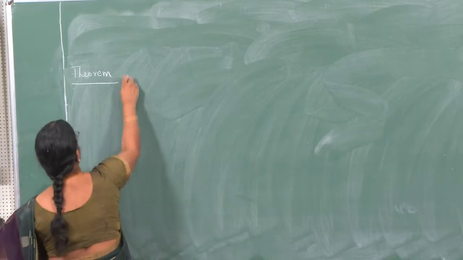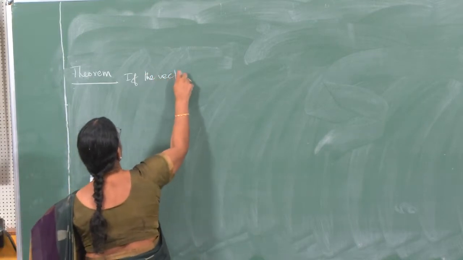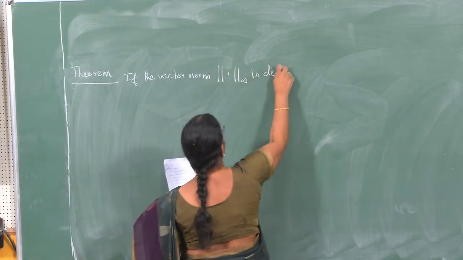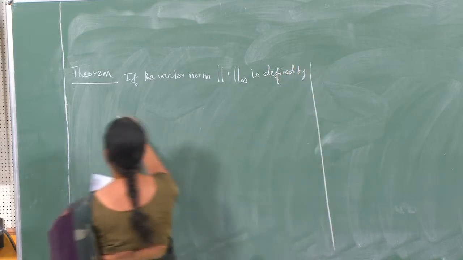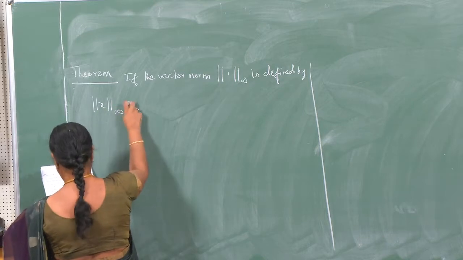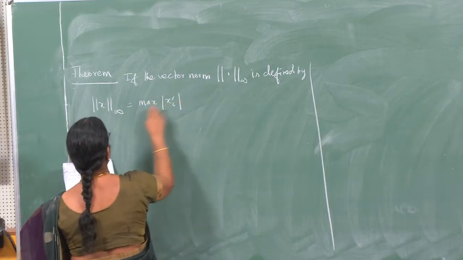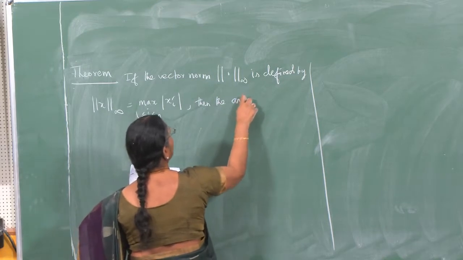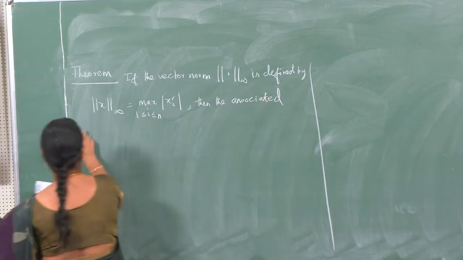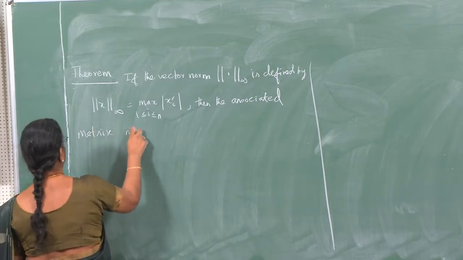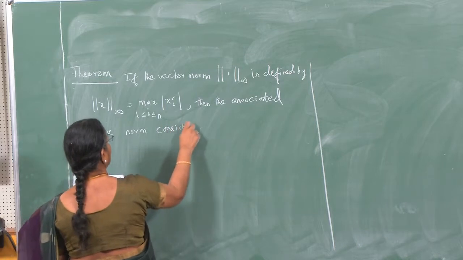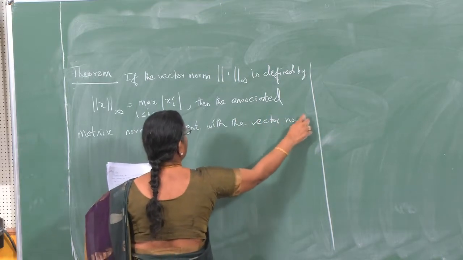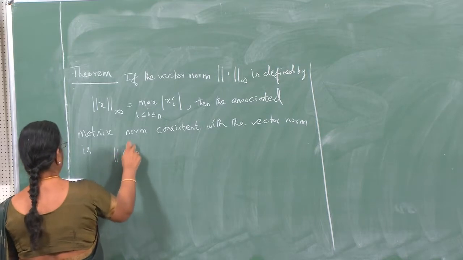The result says, if the vector norm infinity is defined by norm infinity of a vector x is maximum of modulus of x_i for i lying between 1 and n, then the associated matrix norm consistent with the vector norm is norm A infinity.